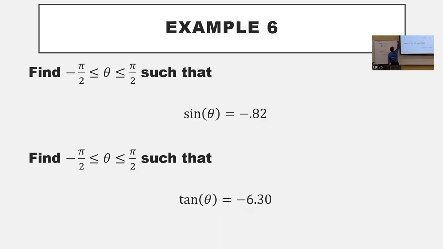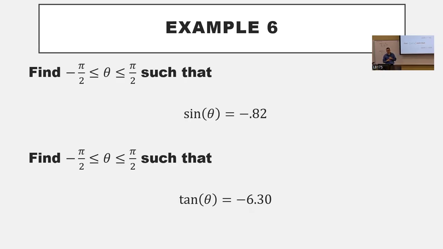Now, these two say, I want to find an angle between -pi/2 and +pi/2 such that sine of the angle is -0.82, and then tangent of some angle. These are different angles, even though I use the same theta in each equation. So tangent of the angle is -6.30.